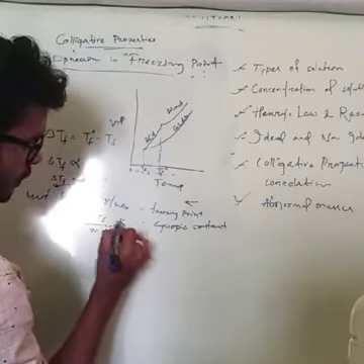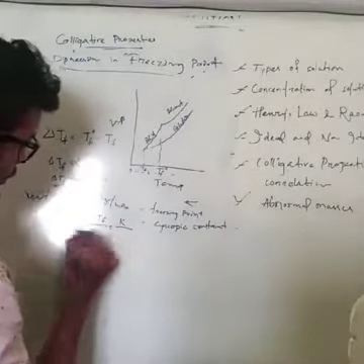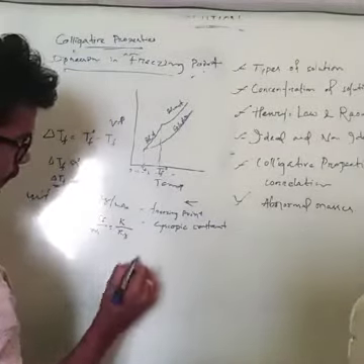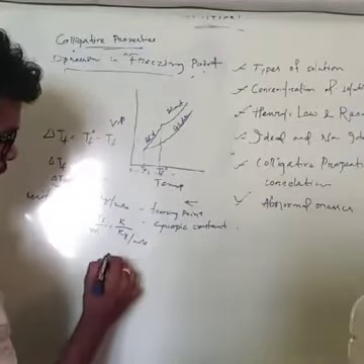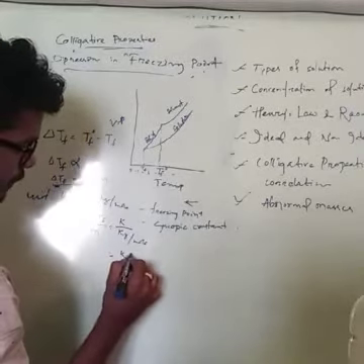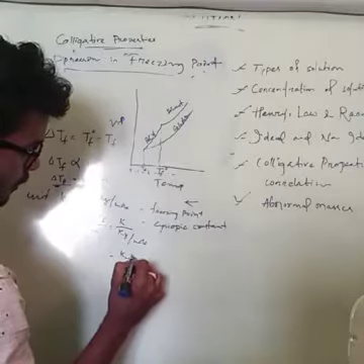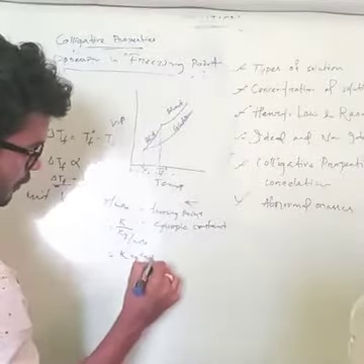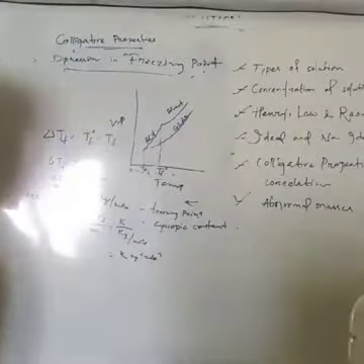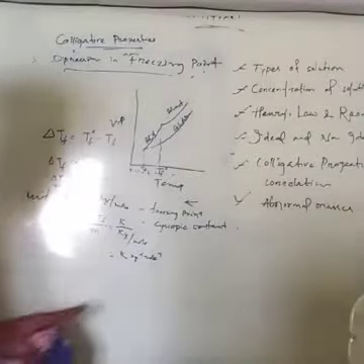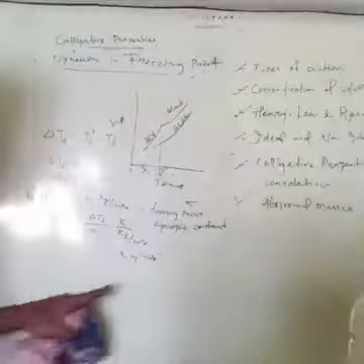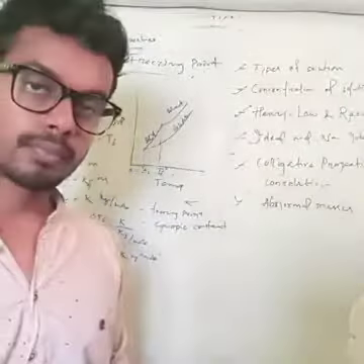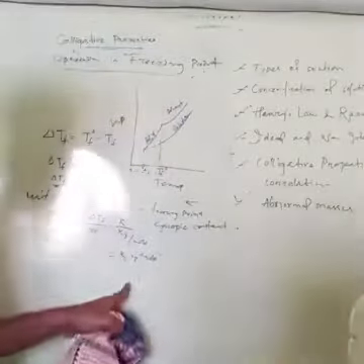Delta Tf will be in Kelvin, divided by molality in mole per kg. So Kelvin kg per mole. If you put this in, you will get the unit.